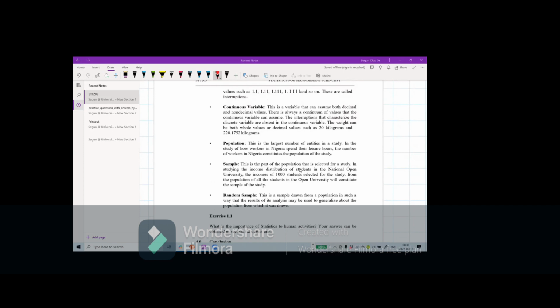And my focus will be people from Northeast or people from Southeast, so I can select those ones. Remember, I have the population, and I'm now selecting from the population. These are the samples. Then a random sample can be drawn from the population, such that the result is analyzed and generalized about the population.